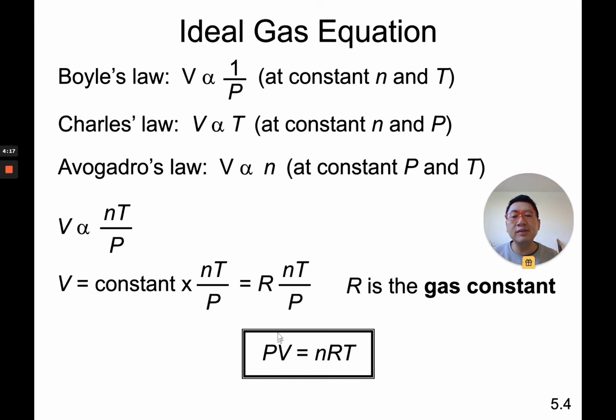Multiply both sides by P. The pressure times volume equals the number of moles n times R times T, where R is the gas constant. Again, we'll get to what R is in the next slide. It's just a constant right now. This equation is also commonly known as the ideal gas equation, or just the ideal gas law.